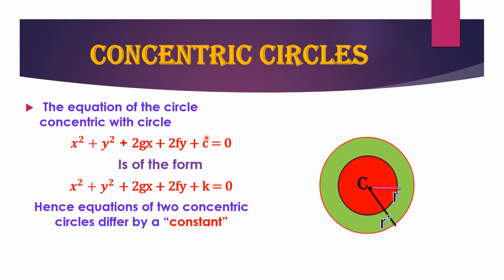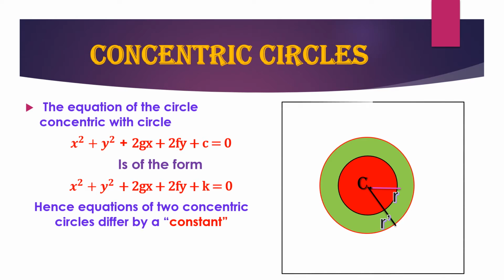Here we observe the constants c and k are different, and the coefficients of x and y are the same. So the centers of these two circles are equal, but the radii are different. Whether circles are concentric or not depends basically on the constants only. This type of circles are concentric circles.